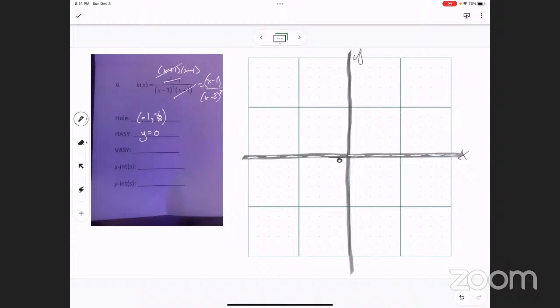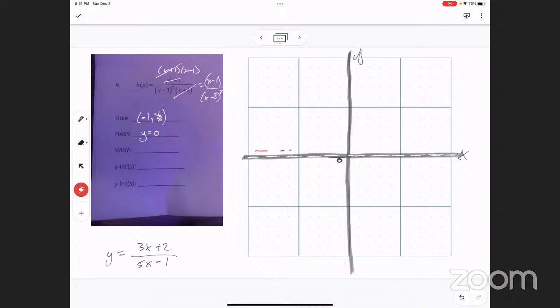Okay. If the degrees were the same, the degree of the top and the bottom, then the horizontal asymptote would be the ratio of leading coefficients in the front. For example, if your equation is like 3x plus 2 over 5x minus 1, your horizontal asymptote for this would be 3/5.